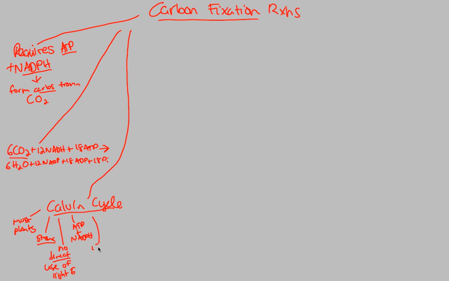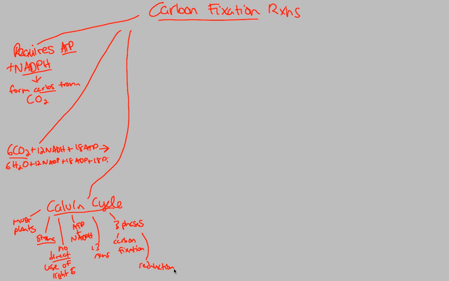There are about 13 reactions that occur in this cycle, and there are 3 phases. Those 3 phases include carbon fixation. That's one major part of this cycle. They also include the reduction phase. We'll go over each of these. Very difficult to write so small.